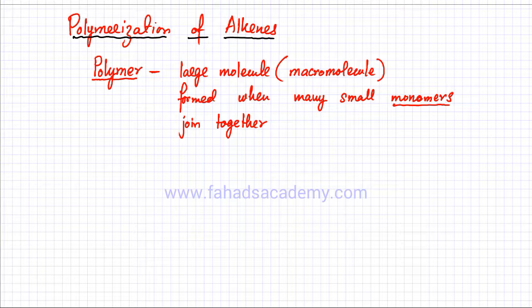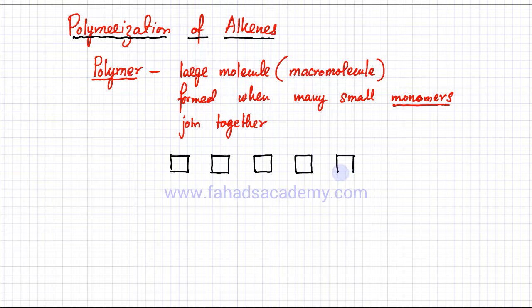chain. So the way this is going to happen is, if I give you an example, let's say this box represents a small molecule. When you talk about polymerization of alkenes, then these small molecules are alkenes. These building blocks of polymers are simple alkenes which have double bonds in between.